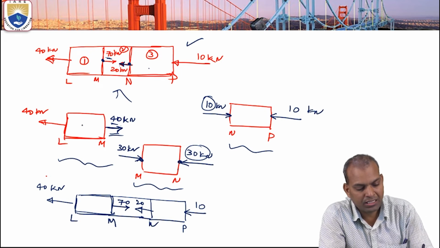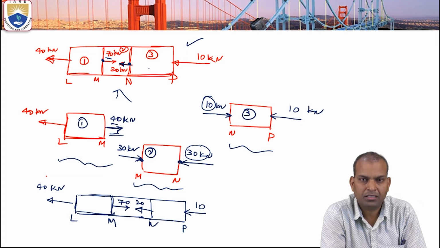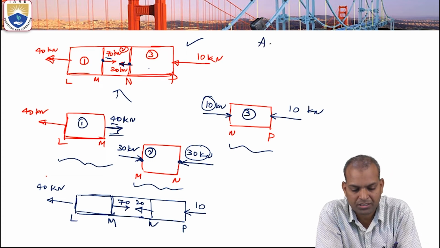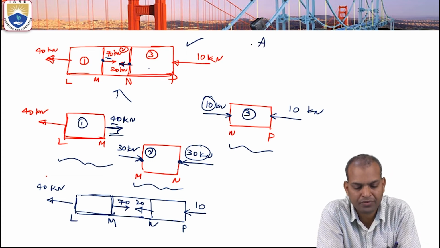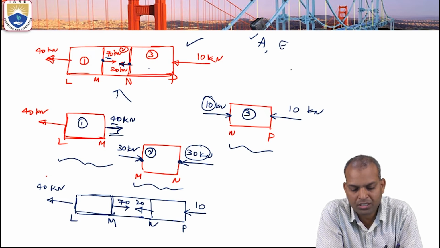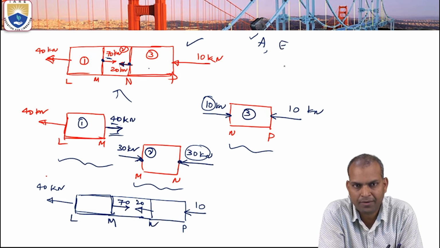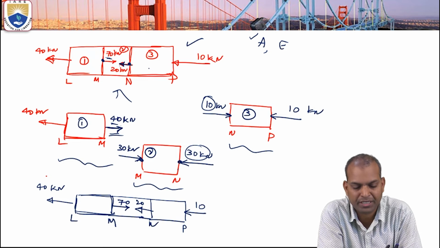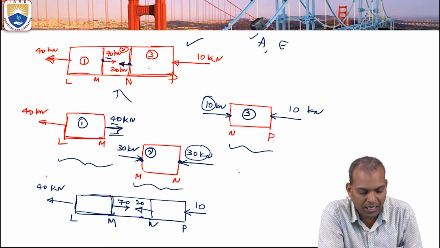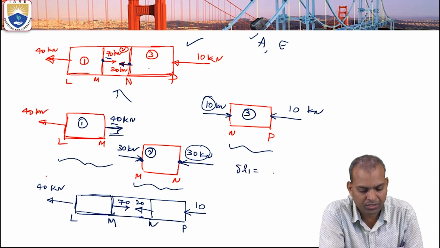Now here you can see this is section 1, section 2 and section 3. Suppose the area of cross section is uniform and the modulus of elasticity is the same for all, the same material. Then what is the total elongation? Delta L1 is tensile.